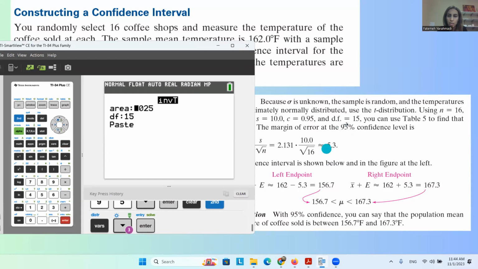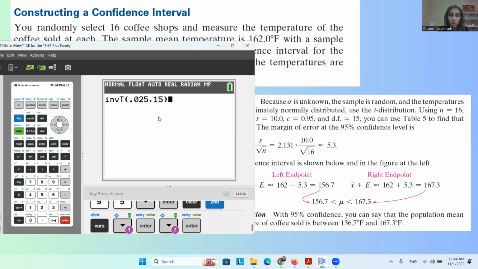First of all, here you have 95% level of confidence. The area to the left, area to the right, 1 minus 95% is 5%. Divided by 2, you get 0.025. The degrees of freedom is 15 because it's N minus 1. 16 minus 1 is 15.